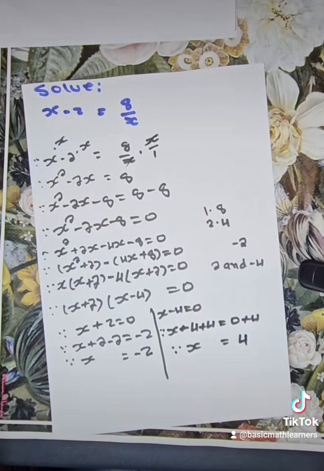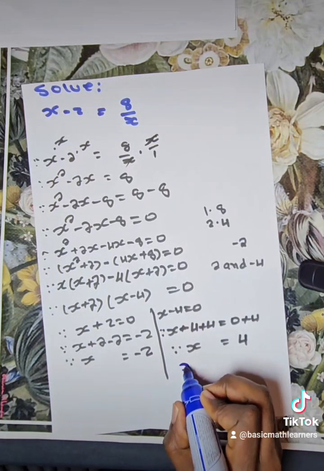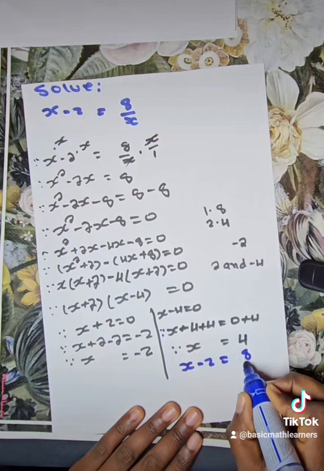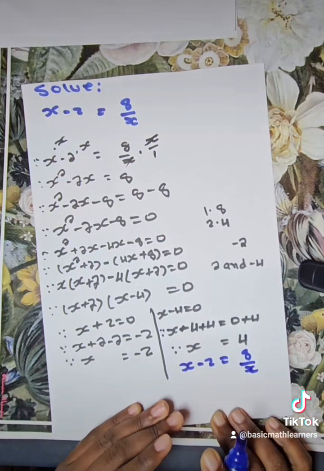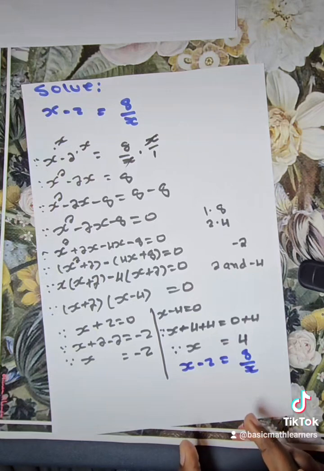Now we get two solutions, which is what we expect, because we are solving a quadratic equation. Now let's check, are our solutions really correct? Which means if I take our original equation, which was x minus 2 equal to 8 over x, and then substitute the value I got in place of x, I must get the right answer.